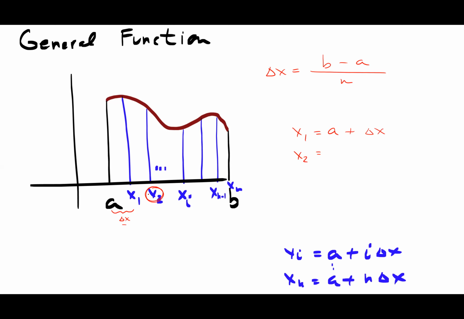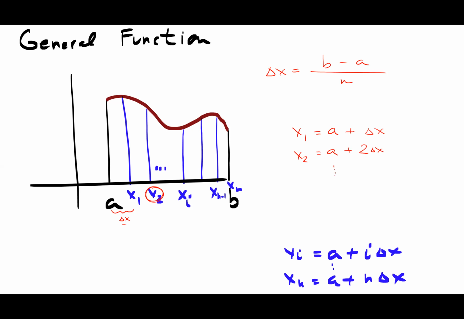My starting point is here, and all I really need to do is go 2 delta x's, right? I need to go to the second one. So how about just 2 of these guys? Are we good there? And eventually we're going to do n of these.